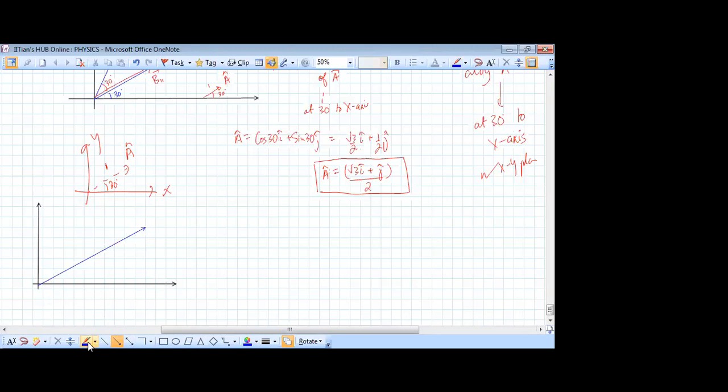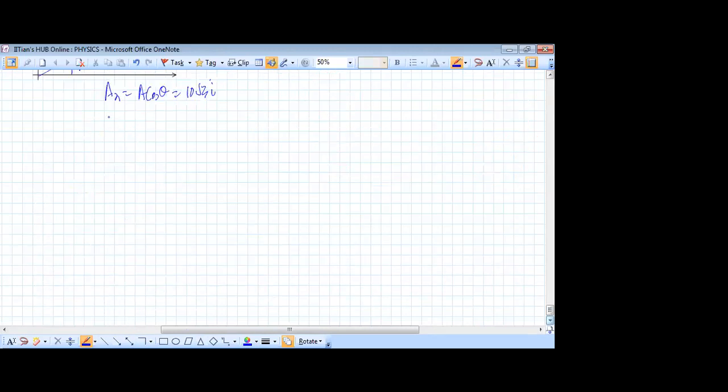That's this vector, which has a magnitude of 20 and this angle is 30 degrees. So ax कितना है? A cos theta or a cos 30, which is 10 root 3. Okay. And ay कितना है? 10. Okay. So vector a component form में क्या है? It is 10 root 3 I cap plus 10 j cap.